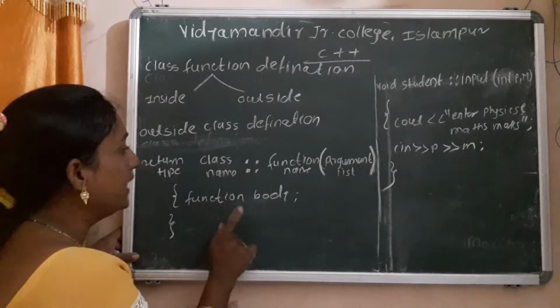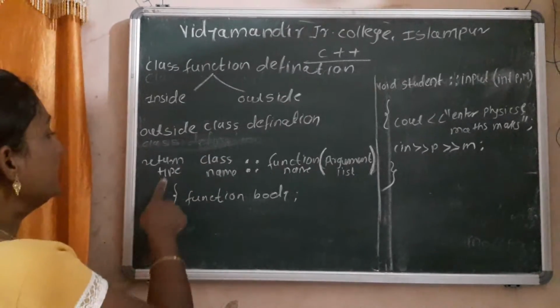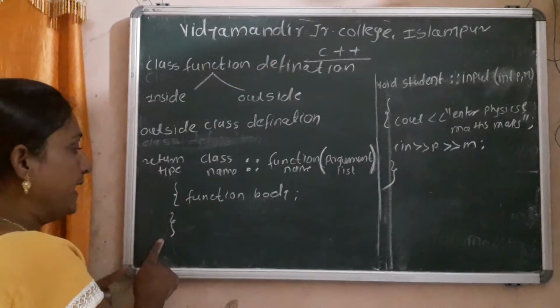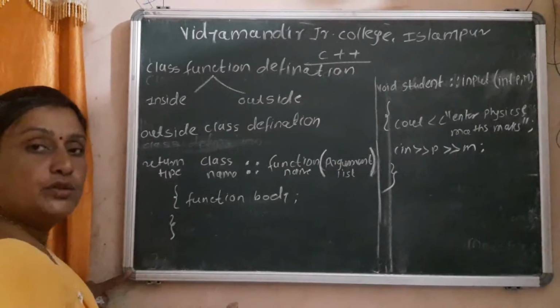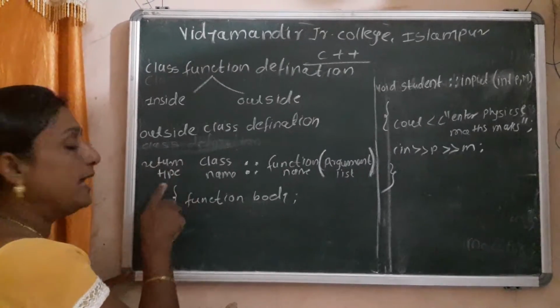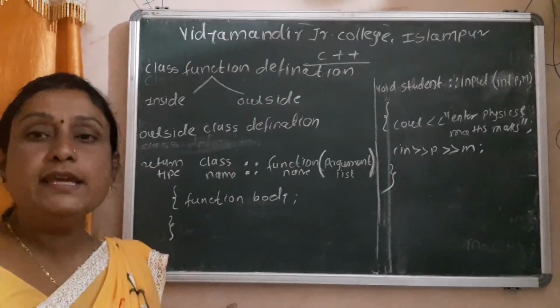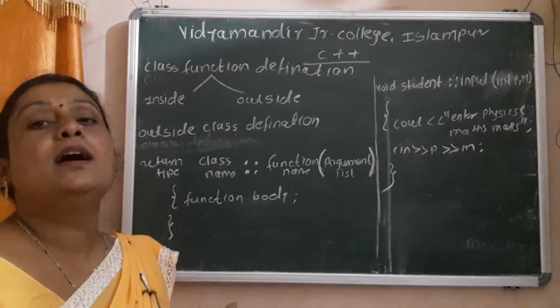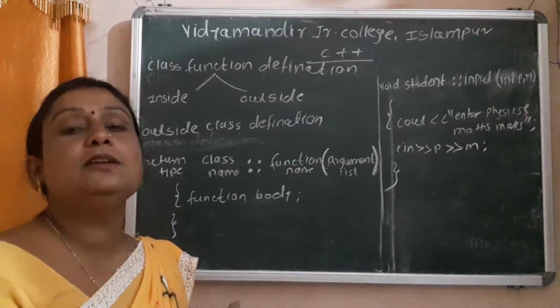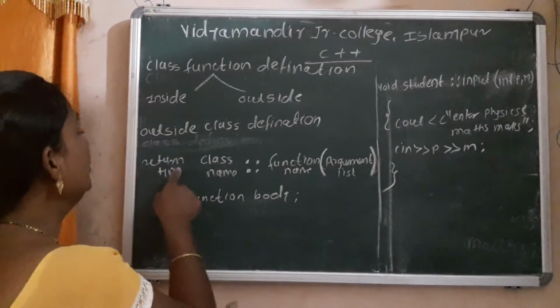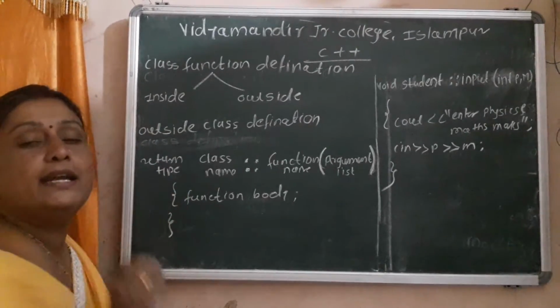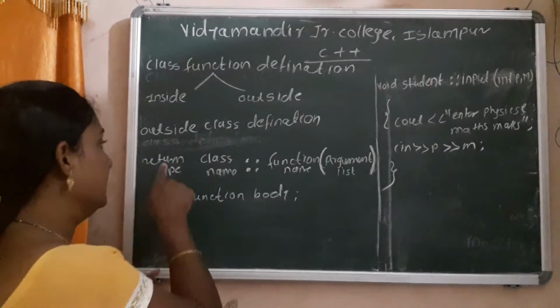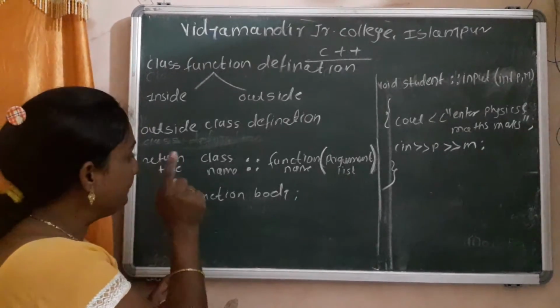This is the syntax. Now the explanation. Return type means the data type in which the value of the function can be returned. We can give any valid data type in C++.